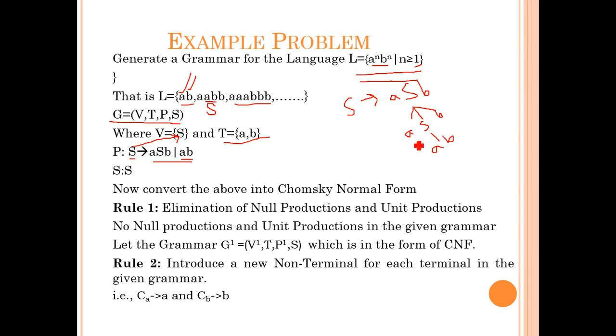So you got 3 A's, 3 B's. Like that you can do for all. So, the final production for this grammar is S tends to ASB or AB and the starting production is S.